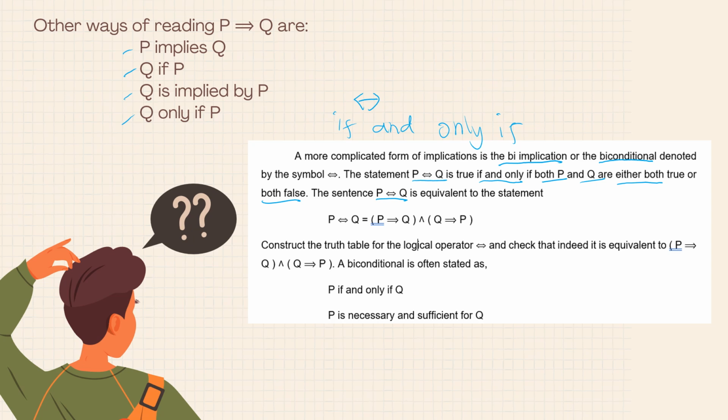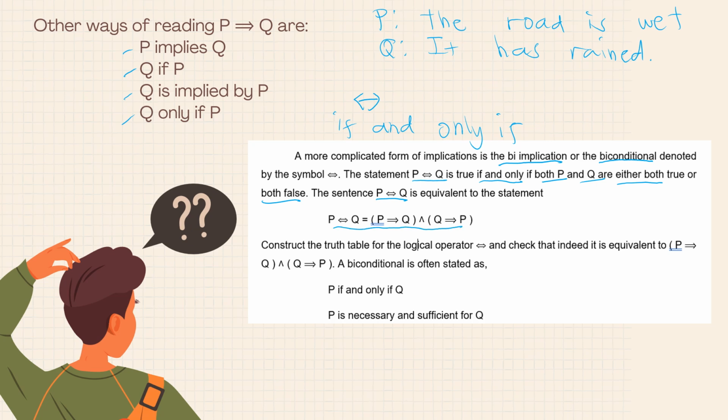So let's have an example. We have P, the road is wet. Then we have Q, it has rained. So let's prove if the biconditional statement will be true using this.